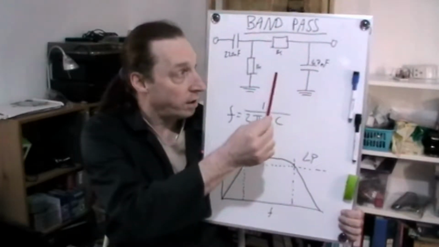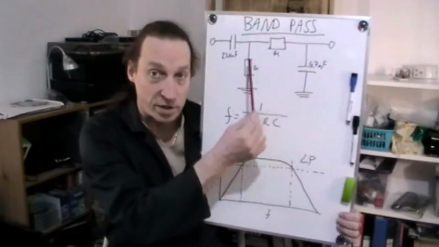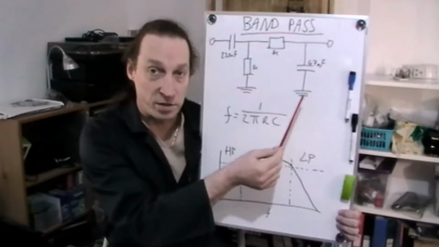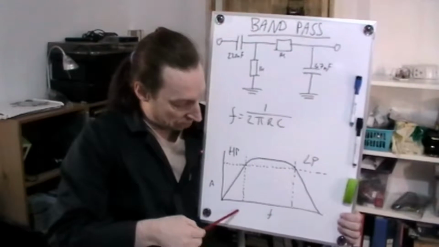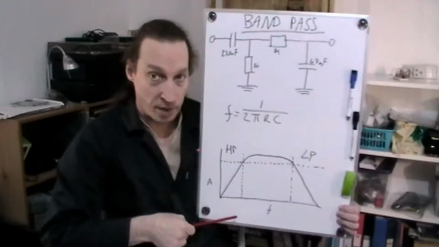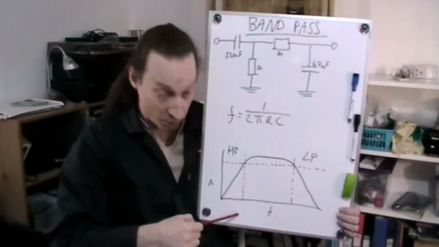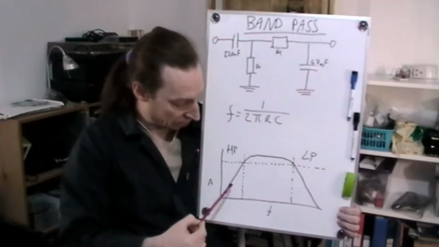Now, I was wondering which one comes first, the high pass filter, low pass filter, or low pass filter, high pass filter. Now, I've drawn a quick chart at the bottom here just to explain how I got to grips with working that out. Frequency against amplitude.